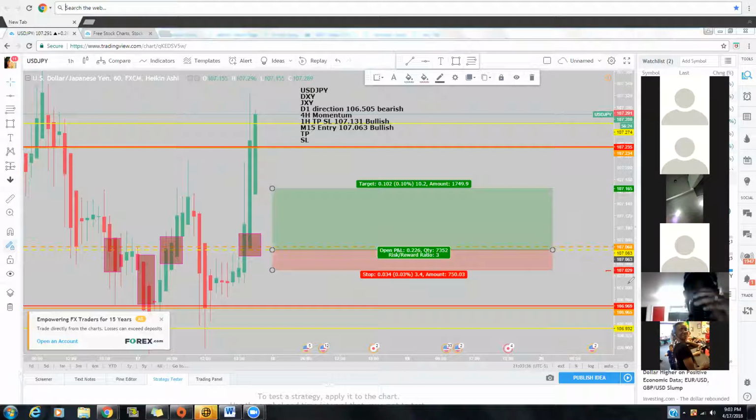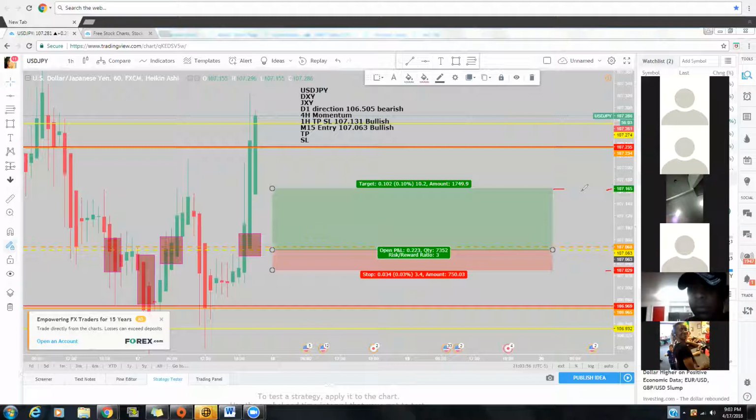And that's where you find it. It comes in at red, so it's really easy to find. And then for your take profit, you're going to look for it over here, in a little green box, and you're just going to use 107.165. So those are some numbers after you've entered in your trade.